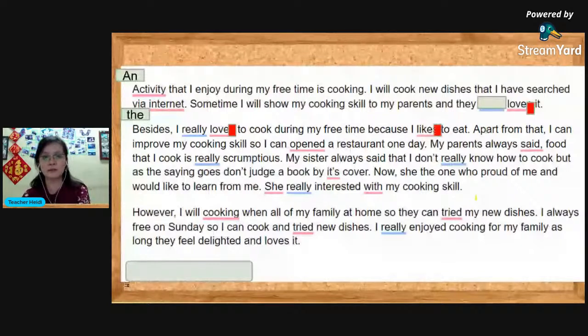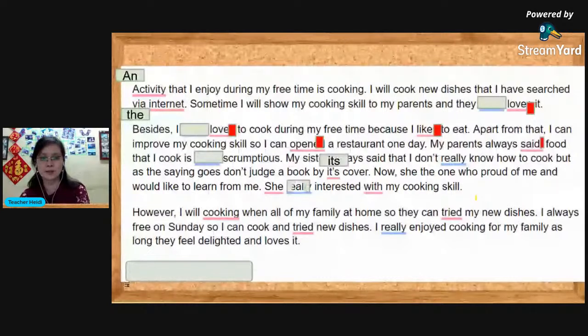A restaurant one day. My parents always said food that I cook is really scrumptious. My sister always said that I don't really know how to cook, but as the saying goes, don't judge a book by its cover. If you put an apostrophe, it is by its cover. Now she is the one who is proud of me and would like to learn from me.